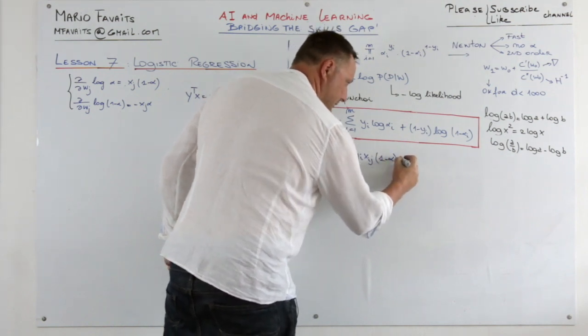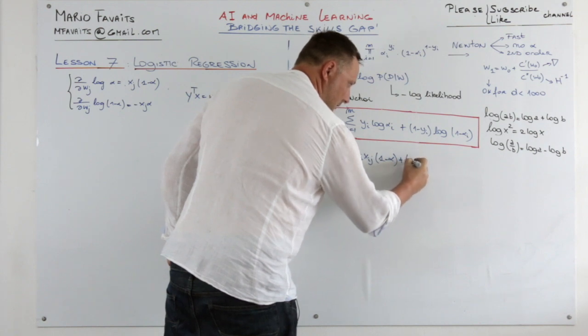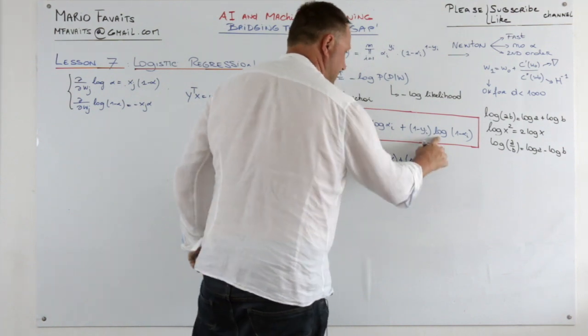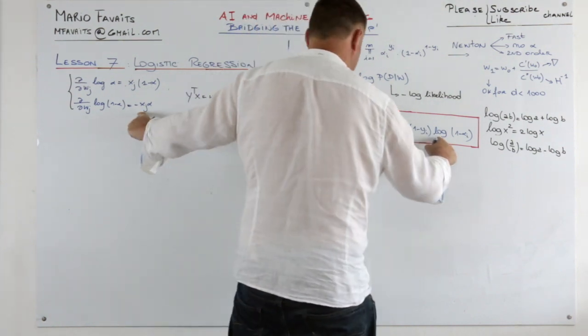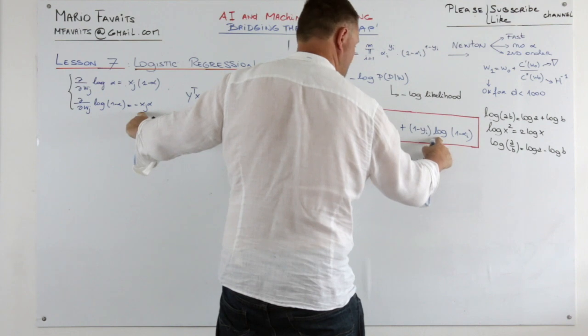And then plus 1 minus yi, and here you have log 1 minus alpha.